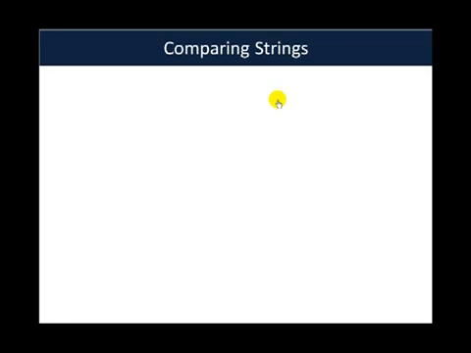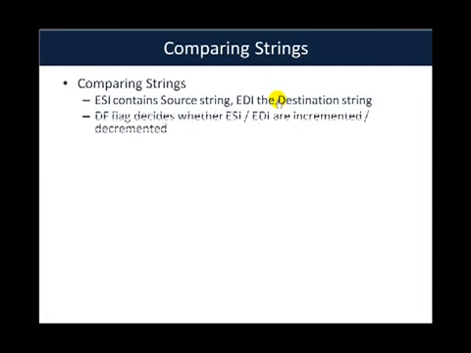Finally, as one can imagine, there needs to be a way to compare various strings. And this is where the CMPSX series of instructions comes in. Now, as one can imagine, when you want to compare two strings, as always, ESI needs to point to the source string and EDI needs to point to the destination string.